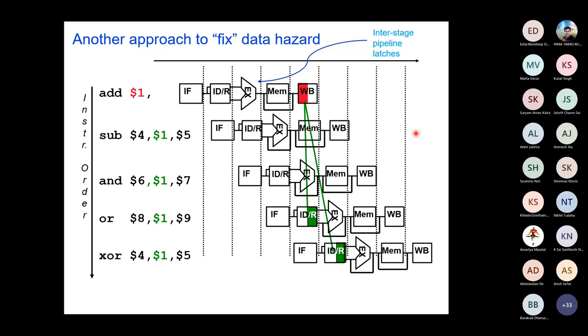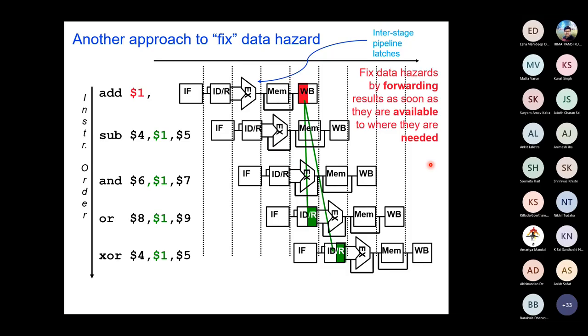The other thing is, as we discussed, that there are interstage pipeline latches, and at the end of the 3rd clock cycle, this execute part is over. And at the beginning of the 4th clock cycle, you need it actually. So let the content be updated here later on. We are not bothered about that for the time being, but in order to make the content of the pipeline register available to the input of the execute stage here, I insert some extra data paths.